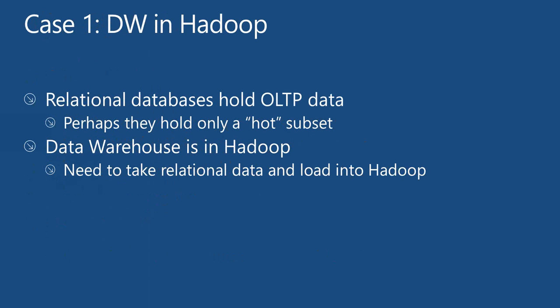Okay, so the first case is one that we've just started work on. A customer of ours has data in SQL Server, but they only hold what is a hot subset. They only hold 3 months worth of data, and that's it. It's a rolling 3 months. The rest of it is archived off, and that makes it extremely expensive to query over large periods of time.